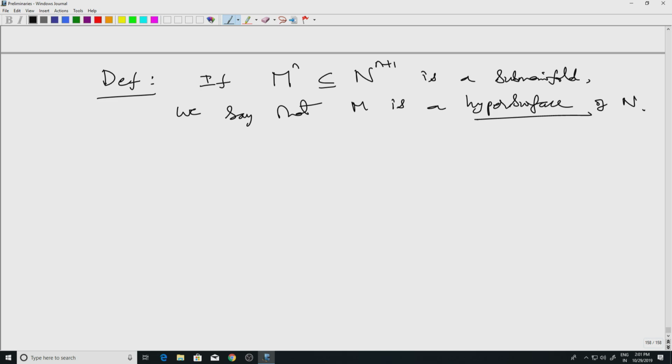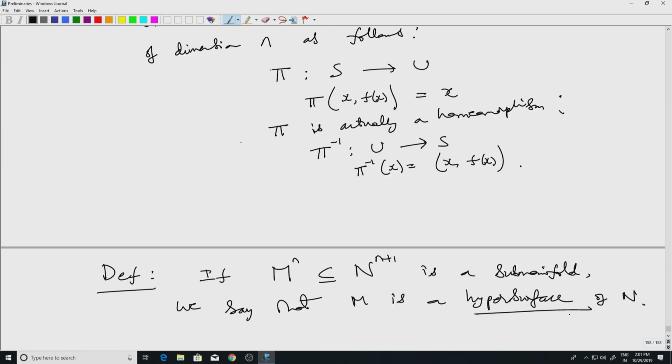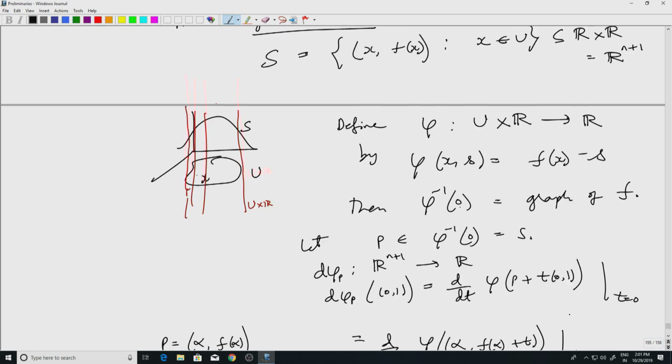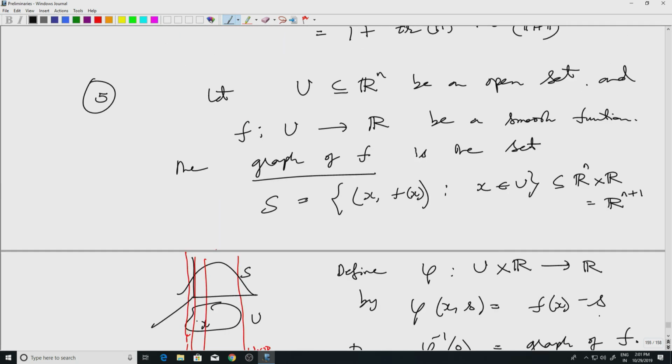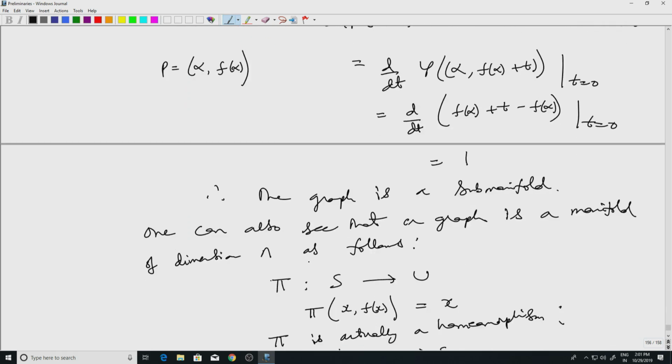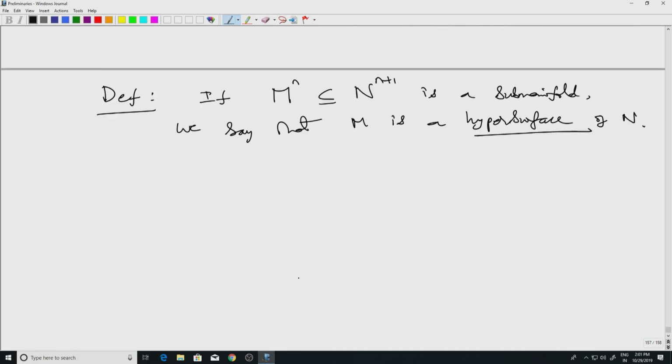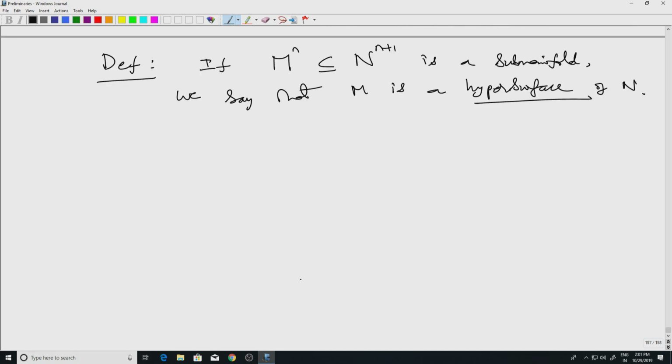Now I would like to describe, so yeah, right. So now that I had this, going back to the case of the graph, given a smooth function, I was able to get a hypersurface in R^(n+1). Here's a converse to that proposition.